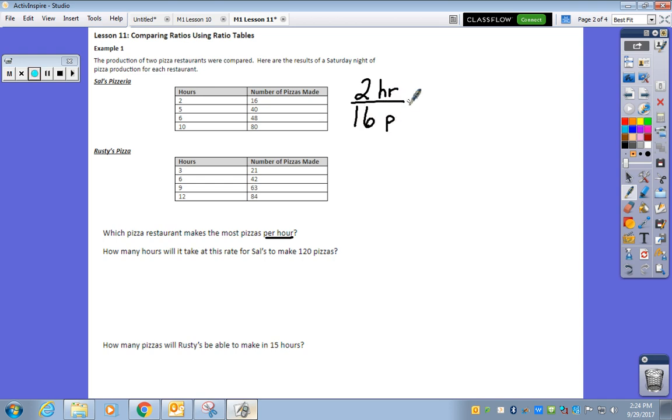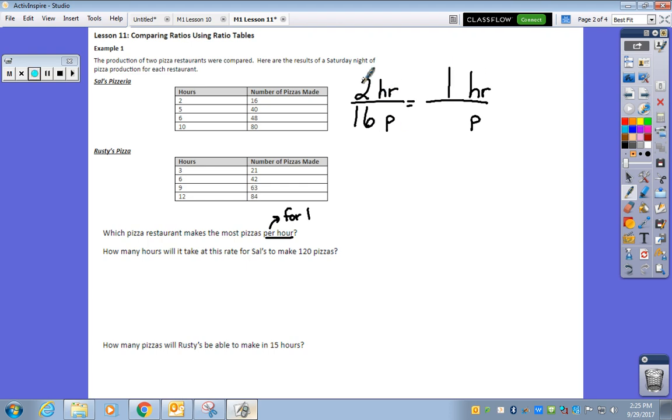So I can take my 2 hours for 16 pizzas, and what I'm going to do is set it up equal to another fraction with hours over pizza. Remember, you want to label your equal fractions. Hours should be across from hours. Pizza should be across from pizza. If we're looking at per hour, that word per means for 1. So we're looking to see how much for 1 hour. So next to hours, I would put 1.